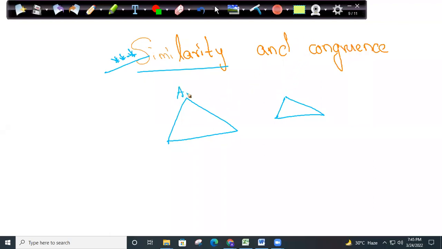Assume I have a triangle ABC and I also have a triangle PQR. I can say these two triangles are similar if they have the same shape, but not necessarily the same size.